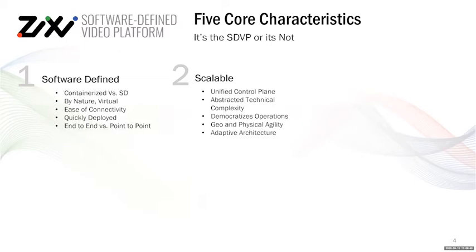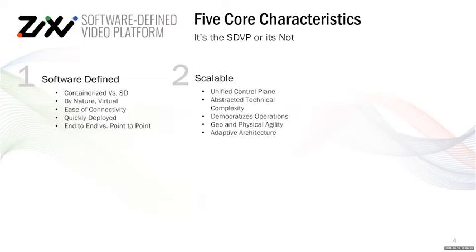You also need it to extract the complexity away from these complex IP networks so that you can manage them, you can orchestrate, and you can operate them with operators. So you're democratizing operations so that you can do it with reasonably priced people, not very high-priced video engineers completely running the thing, because we don't have enough video engineers to do that, even if we wanted to.